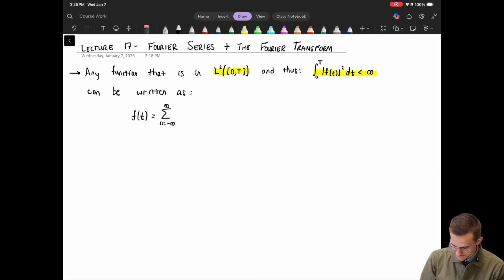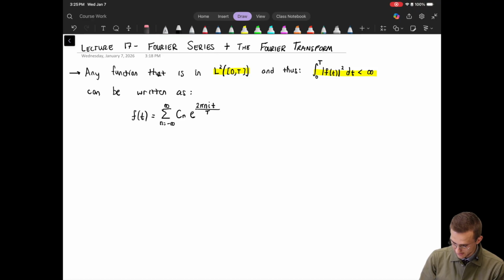The terms in the sum are some coefficient that depends on the index, Cn, times e to the 2 pi n, the imaginary unit i, t, divided by capital T.